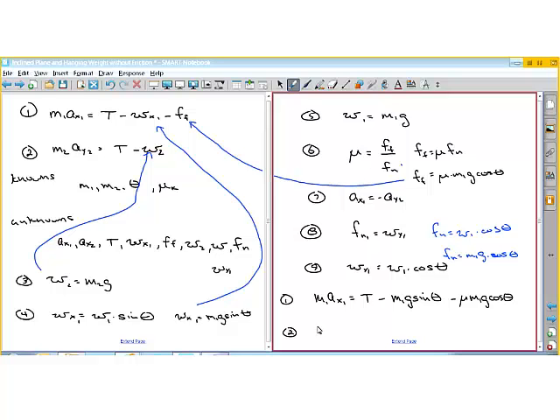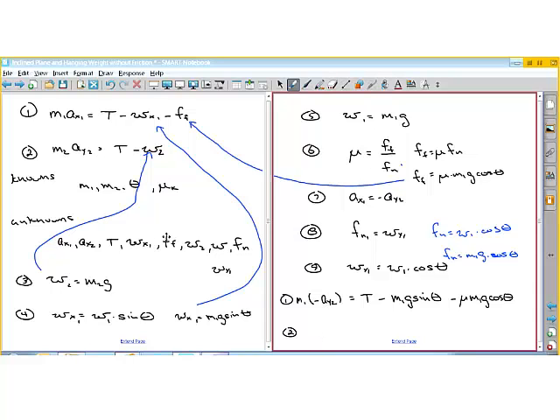And then I need to also do this acceleration substitution, which I didn't do yet. So a sub x1 is equal to negative a sub y2.